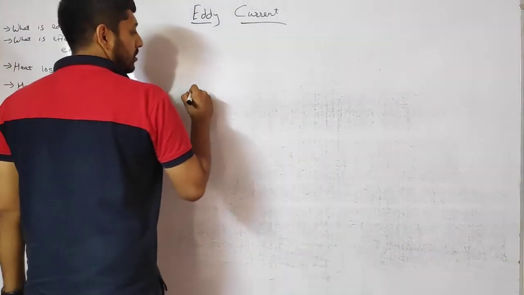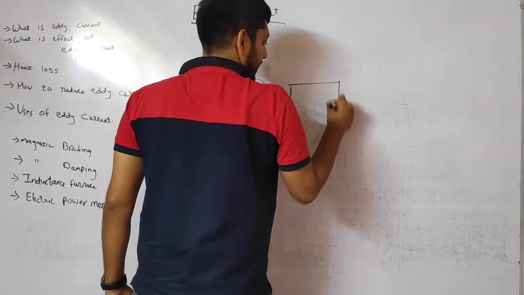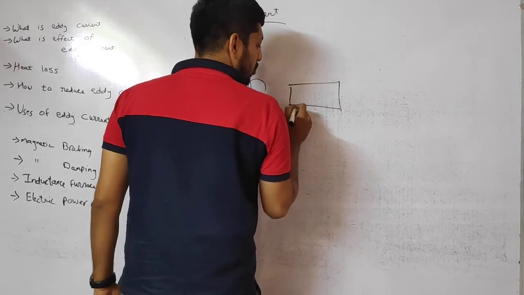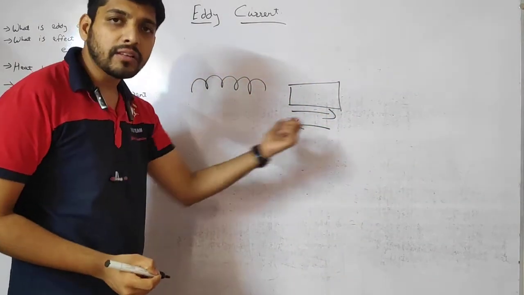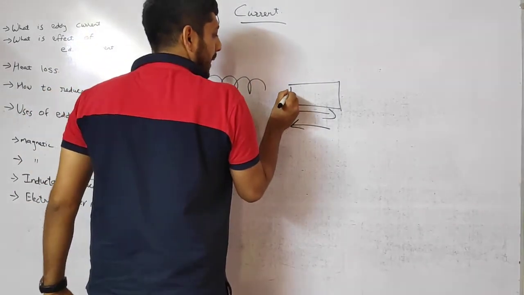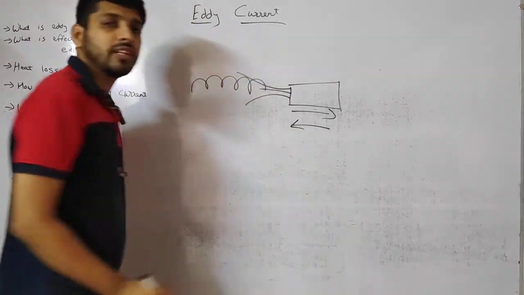And what is induced current? Suppose there is a coil and we keep a magnet over here. If we move the magnet in either direction, then the magnetic field lines, or you can say flux linked with the coil, changes.